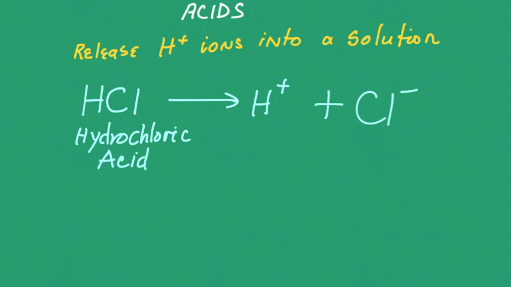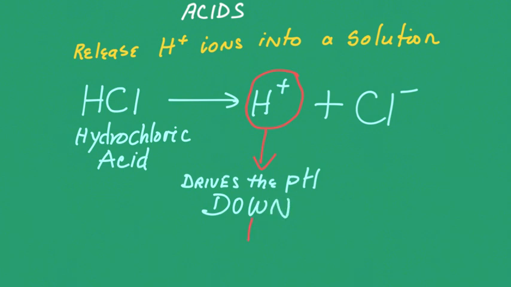So when the number of hydrogen ions goes up, it actually drives the pH down. And we know that when the pH is low, the solution is more acidic. So this drives the pH down and makes the solution more acidic.